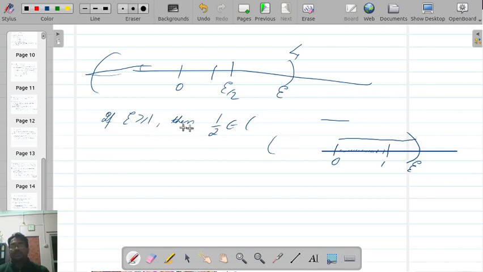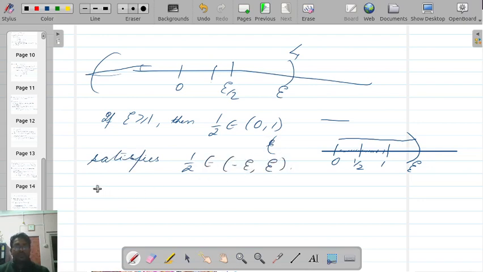So if epsilon is equal to 1, in particular we can take half, which is an element inside 0 1, and half is less than epsilon. So if epsilon is greater than or equal to 1, then half belongs to 0 1 and half belongs to minus epsilon to plus epsilon also.